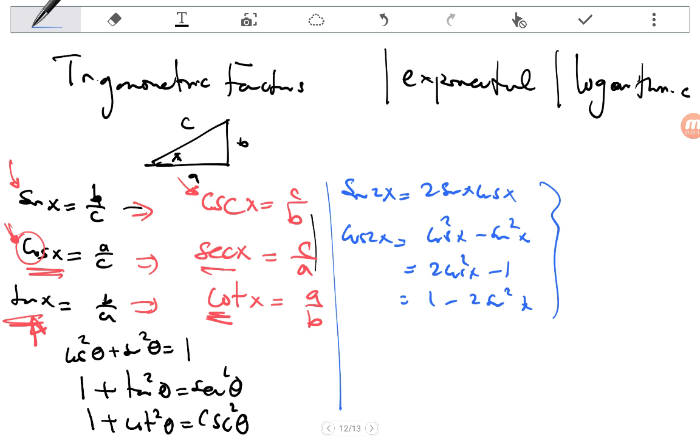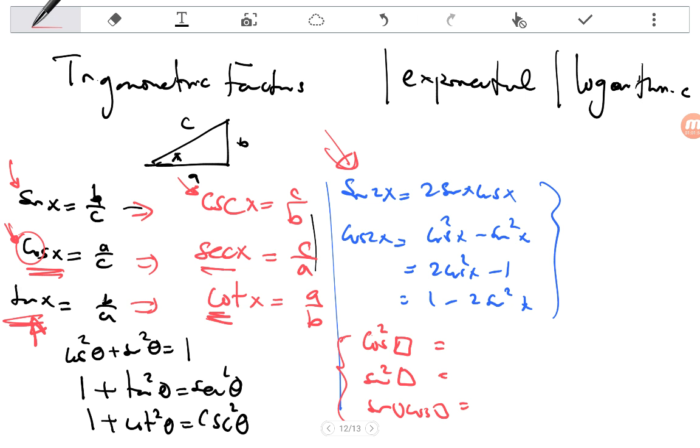Okay, and also we have another 3 rules which are very important to us. They show how to go from second degree to first degree. What is meant by that? If I have cosine squared of an angle, sine squared of an angle, and sine cosine of an angle, these are just re-expressions of those 3, but in a form that is more applicable.